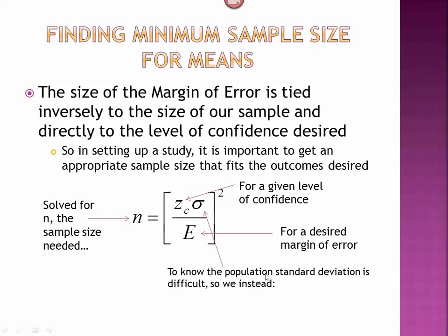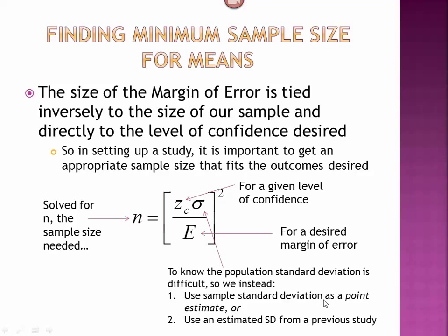If we don't know the population standard deviation, we can substitute the sample standard deviation, which is given by the letter S. Whenever we're talking about a standard deviation from a sample, we use S as the symbol for it. Or we can use the standard deviation from a previous study and just assume that that is the population standard deviation. Regardless, this gives us an idea of how big of a sample we should get as we're looking to do our study.